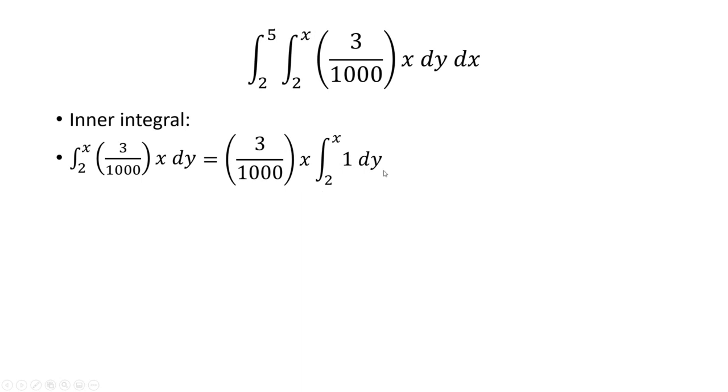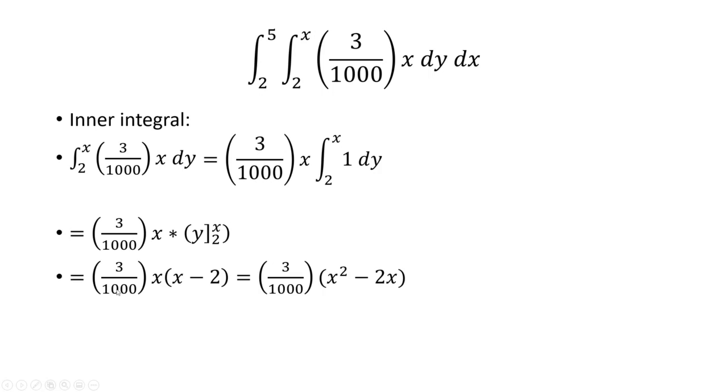And then we just have the integral of 1 dy from 2 up to x. So that becomes the antiderivative of y, which we're evaluating at x and 2. So we have 3 over 1,000 times x, which was all our constant factor, times the quantity x minus 2. So we get 3 over 1,000 times x squared minus 2x. That's the result from our inner integral.